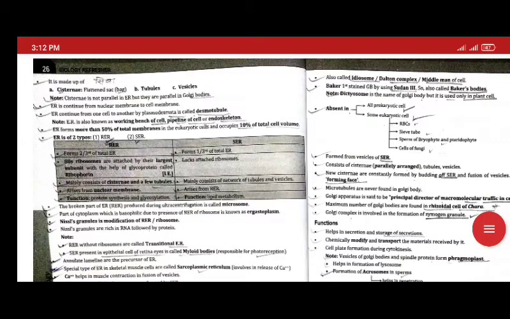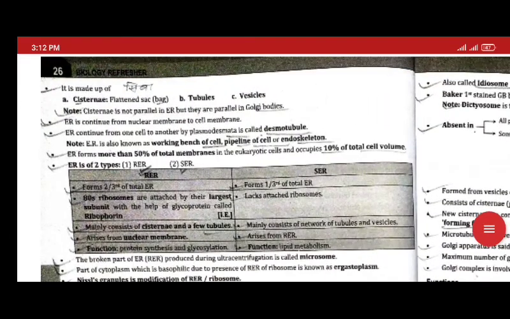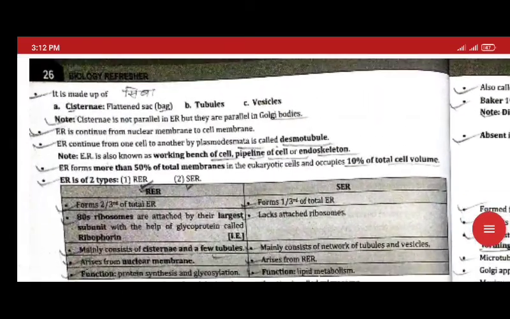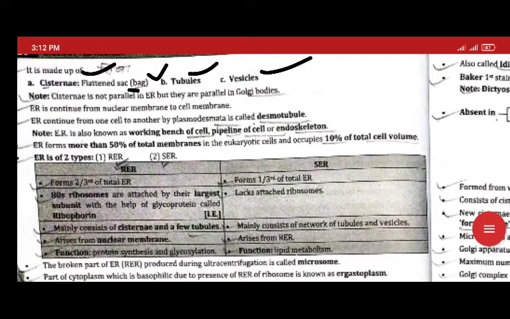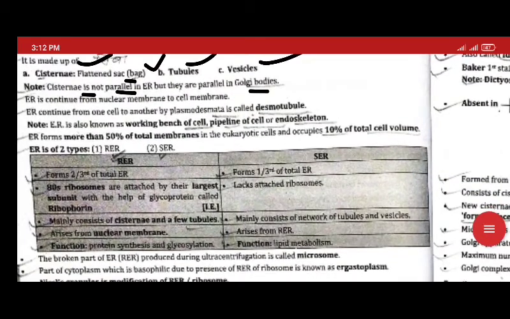Continuing with ER, the name is endoplasmic reticulum. Endo means inner side. It contains three parts, that is cisternae, which are bag type, then tubules, then vesicles. Cisternae are not in parallel like those present in the Golgi body. ER is also continuous from the nuclear membrane to the cell membrane.